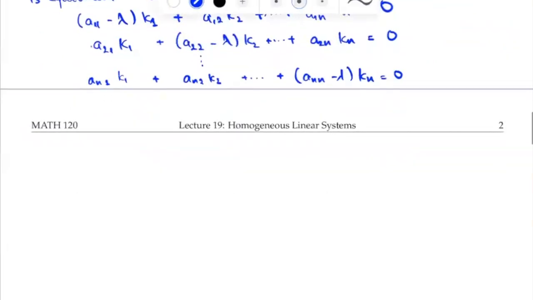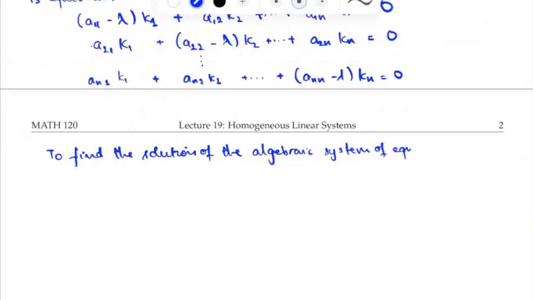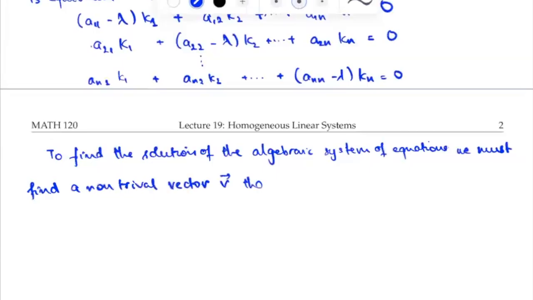And to find the solution of the algebraic system of equations, we must find a non-trivial vector v that satisfies this equation, A minus lambda I times v equals 0.